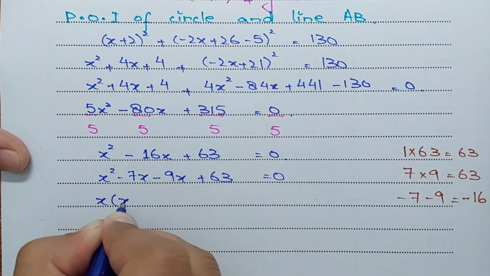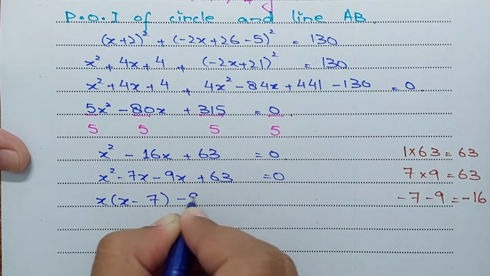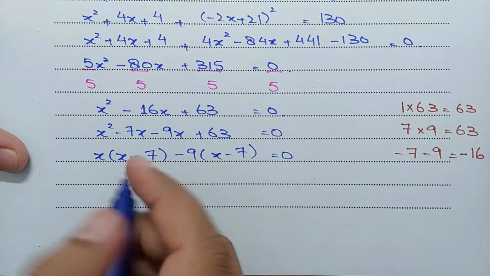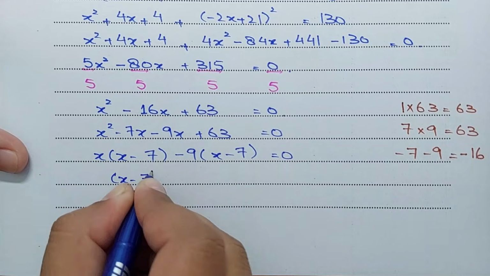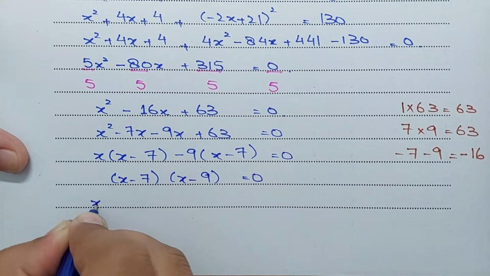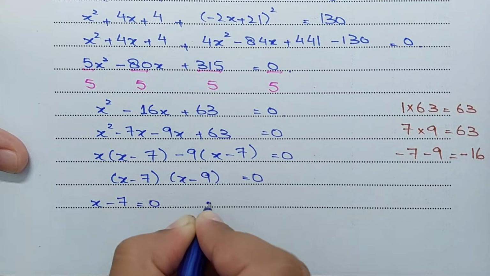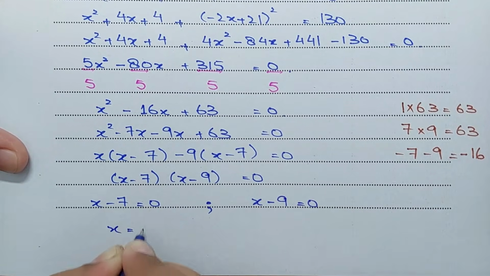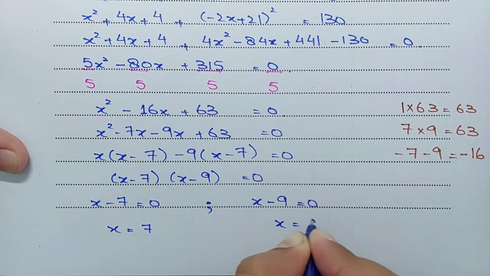Take x common, we are left with (x − 7), and take −9 common, (x − 7). Inside the bracket, the factors are the same. So (x − 7) and (x − 9) are the factors, equal to 0. So x − 7 = 0 or x − 9 = 0. Here the x coordinate is 7 and here the x coordinate is 9.